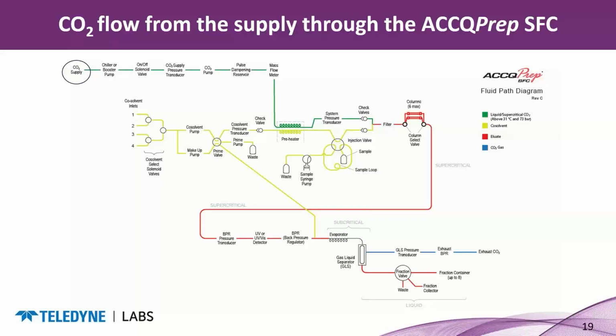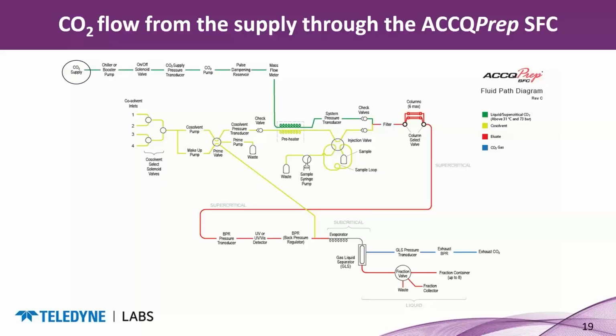You've got the pressure transducer measuring actual pressure, and you've got your pump and your mass flow meter. That all feeds into the instrument. In the meantime, you've got this separate pump flow using the co-solvent in yellow. It goes through the valving shown here, and then your sample is injected into that flow, in the middle of the diagram in yellow.